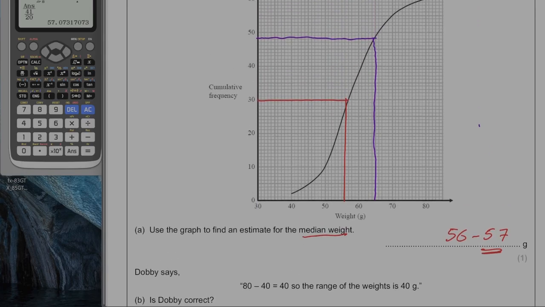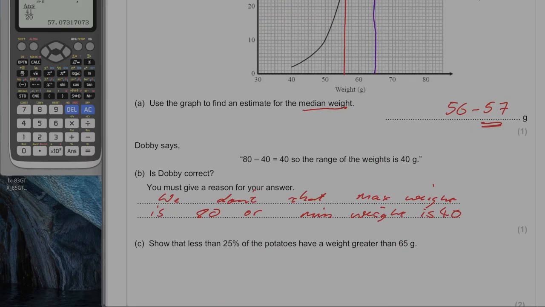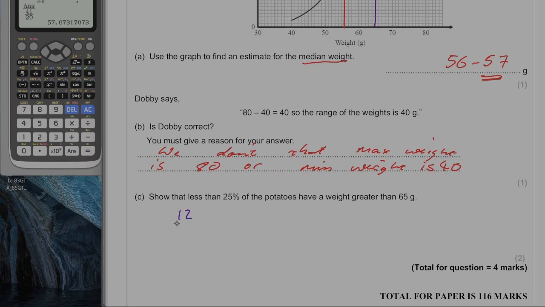If there are 60 in total, this value here would be 48. So we've got 12 out of 60 that are greater than 65. If we times that by 100, that'll give us the percentage. So 12 out of 60, times by 100, so that's going to be 20%.